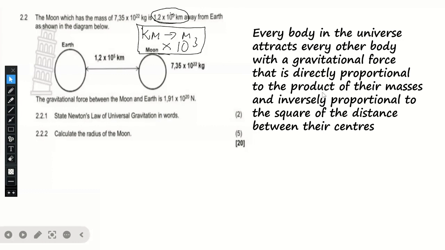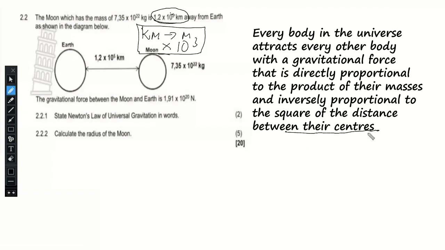So it can be the Earth versus a human being. So I'm just clarifying that every body in the universe attracts every other body with a gravitational force that is directly proportional to the product of their masses and inversely proportional to the square of the distance between their centers. Now, it is very important to note that between their centers, right?